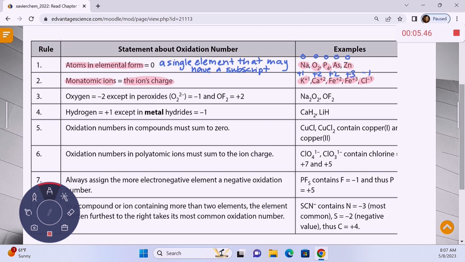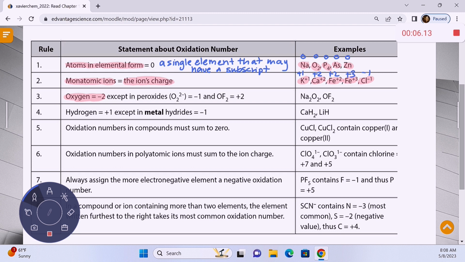Okay? Generally speaking, oxygen has an oxidation number of -2. The only time that oxygen has a different oxidation number is if it's peroxide, which is a polyatomic ion that's on the bottom left of your periodic table. Okay? In order to have peroxide, however, it has to be with a metal.